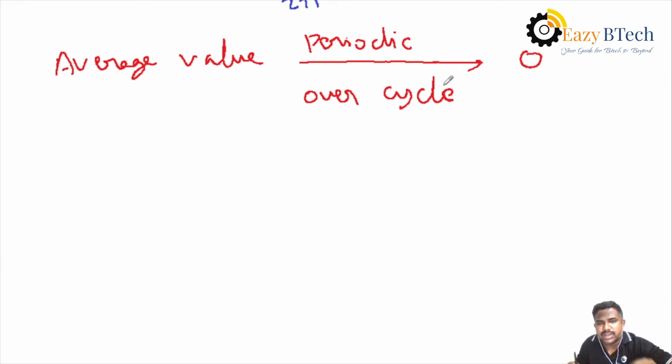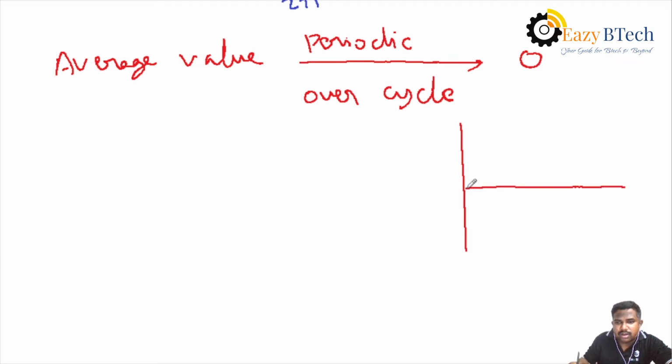This is very important: the average value of any periodic waveform over a complete cycle is 0. That's why we calculate the average value of a periodic waveform by taking only a half cycle. For the sine waveform, we take only the half cycle, that is 0 to pi.